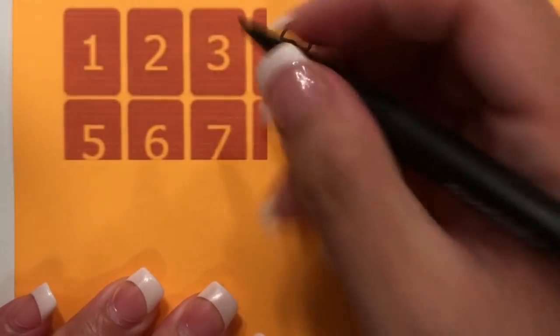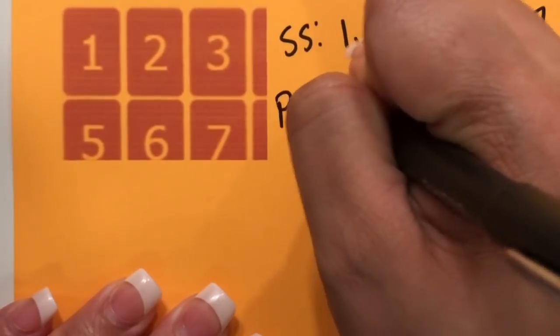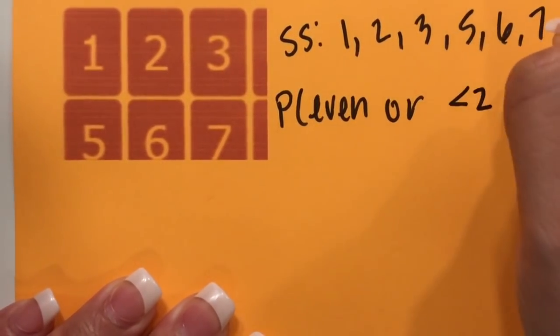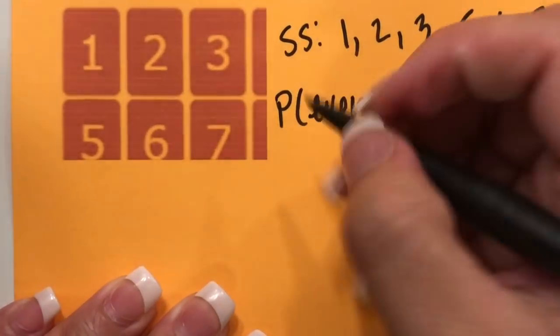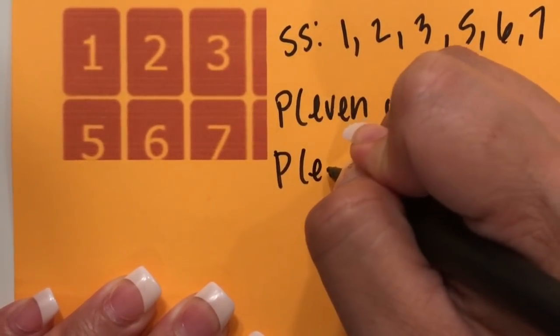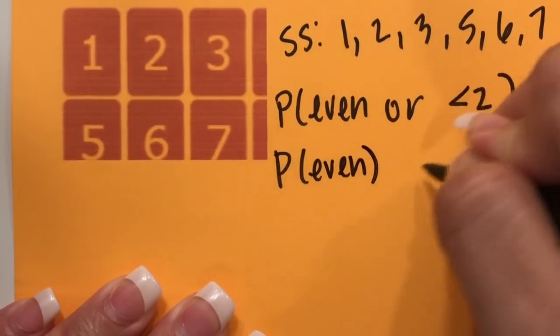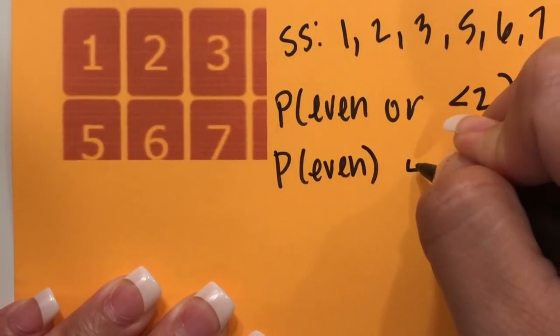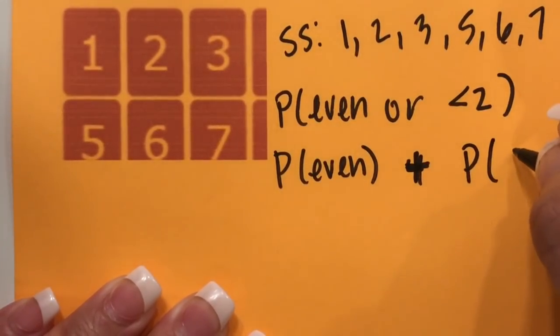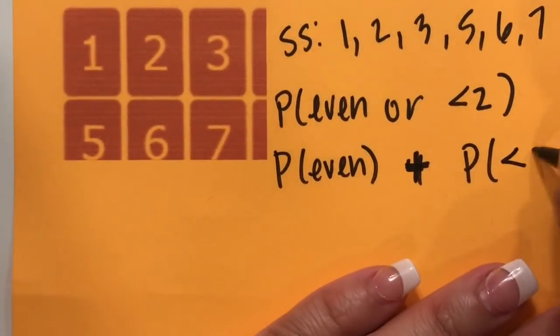We're looking for P of even or less than 2. When we break this up, we're seeing the probability of pulling an even card plus the probability of pulling a card less than 2.